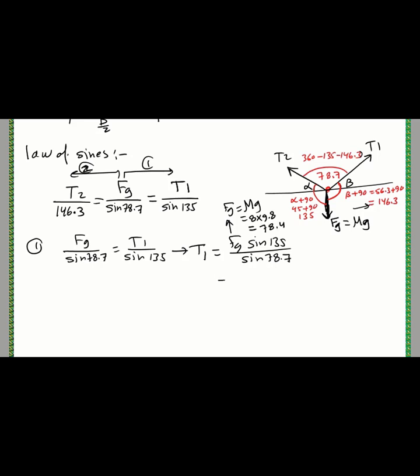So put for Fg 78.4, times sine 135, divided by sine 78.7. The answer is 56.5.